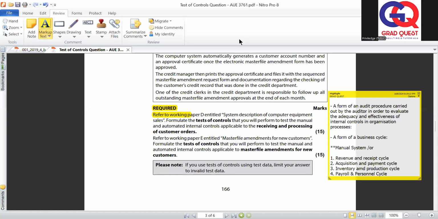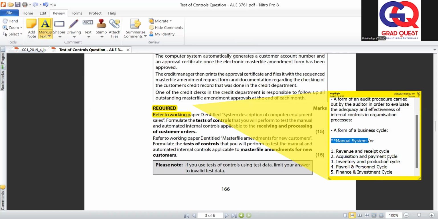In other words, the process or the activity itself does not necessarily involve a computer for it to be carried out or to achieve the objective of that particular function. Ideally, that's what we call a manual system.